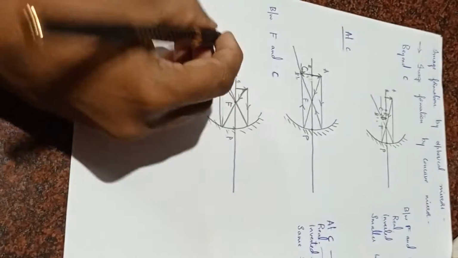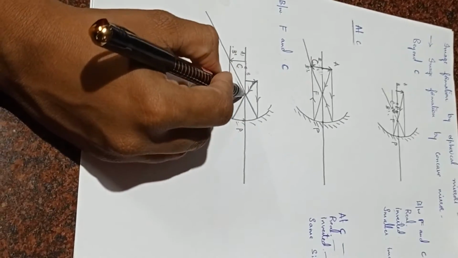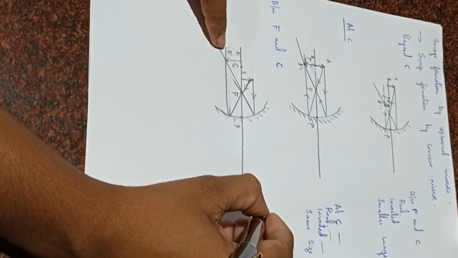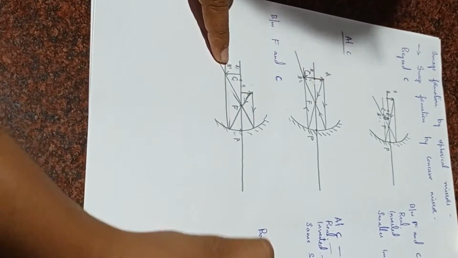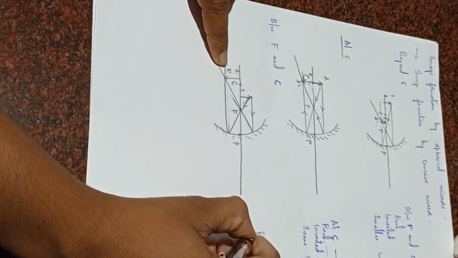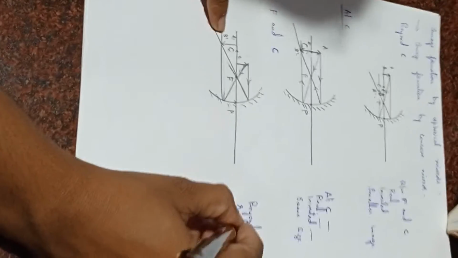So in this case, what happens when the object is placed between the center of curvature and the focus? The image formed is beyond the center of curvature, beyond C, and the image is real and inverted.